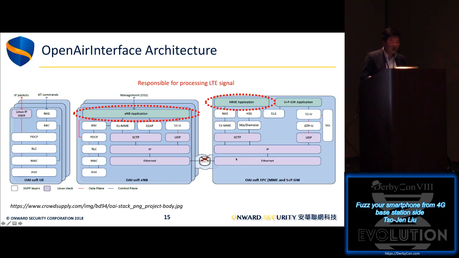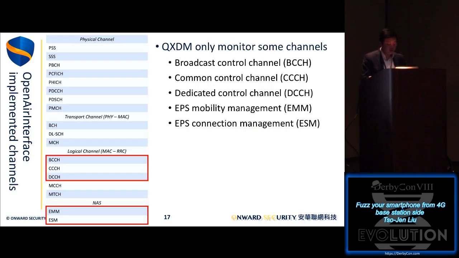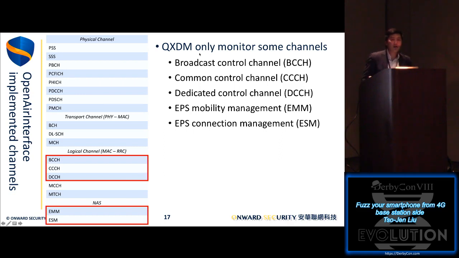So you can find all the different layers implemented by OpenAirInterface, and we can do fuzz testing on different layers. But QXDM only monitors some channels. So we only do the testing on these channels, like the BCCH, CCCH, DCCH in the eNode B and EMM, ESM in the EPC.